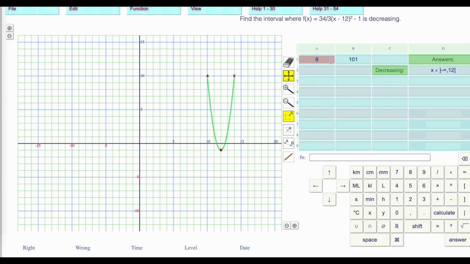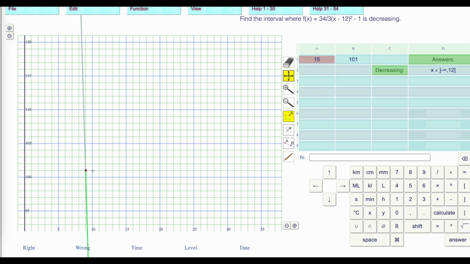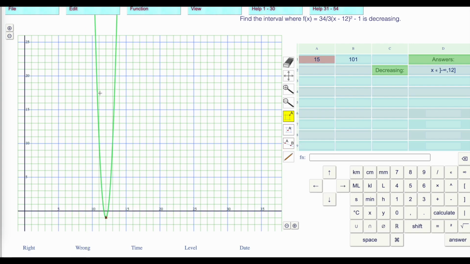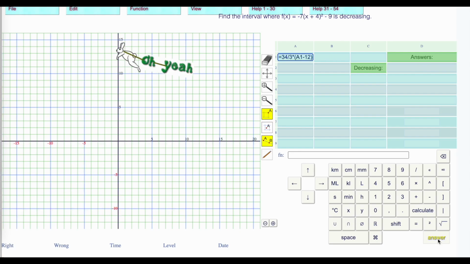At 15, we're also going to get 101. This is exactly what it looks like. They want to know when is it decreasing, and it's decreasing along this branch until it gets to here. It's going to keep going this way forever, from negative infinity until +12. Then we press answer to see if we are right.